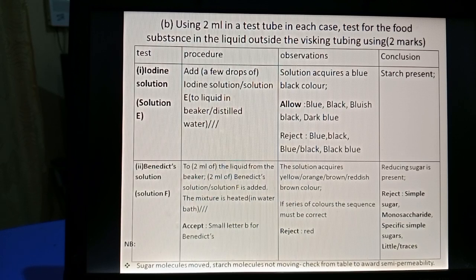Reducing sugar is present. Reject simple sugar, monosaccharide, specific sugars, or little or traces of sugar. Note, sugar molecules moved, starch molecules not moving. Check from the table to award semi-permeability.